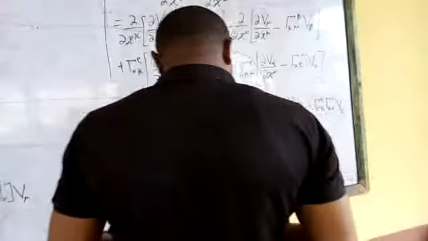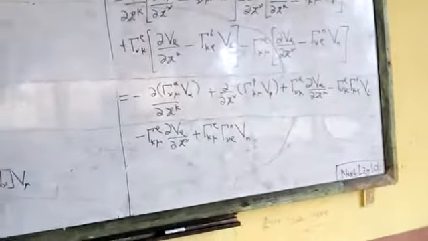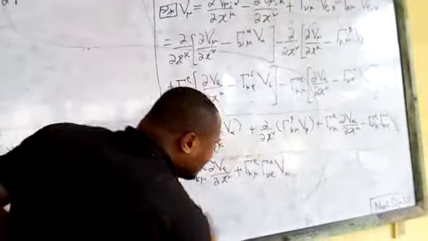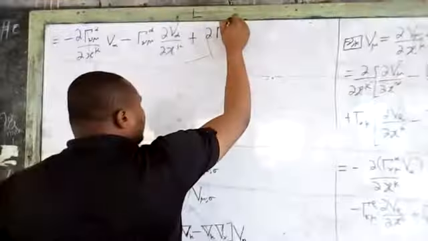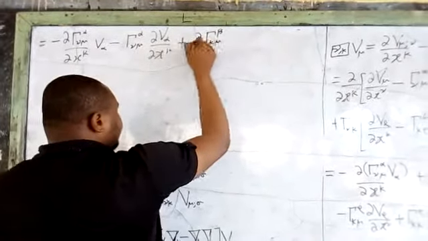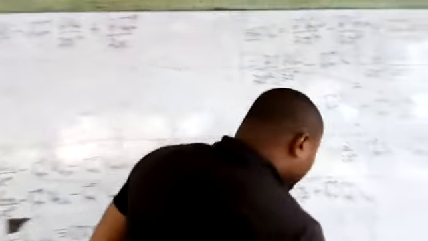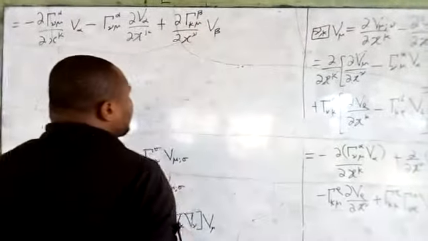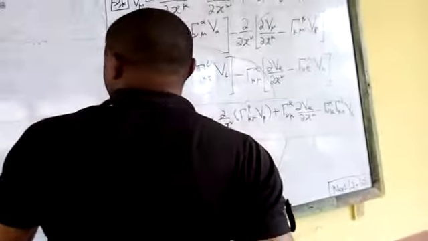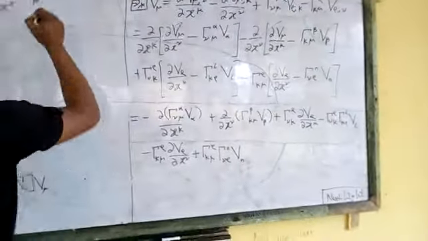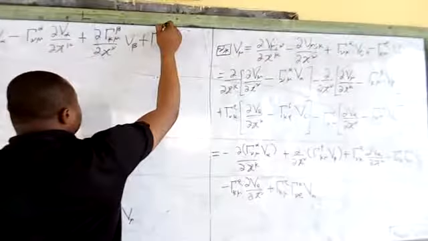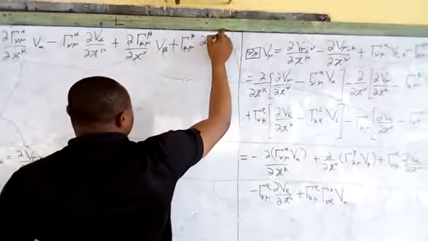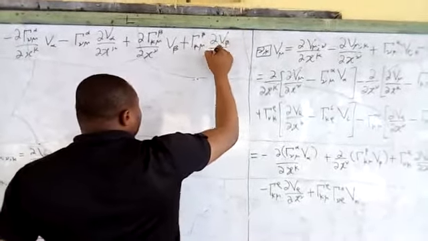Now the next term here does the same thing, plus here we have derivative of gamma beta k mu, the dx nu, v sub beta. Now if that is the case, then we're going to have plus gamma beta k mu, the dv beta, the dx nu.